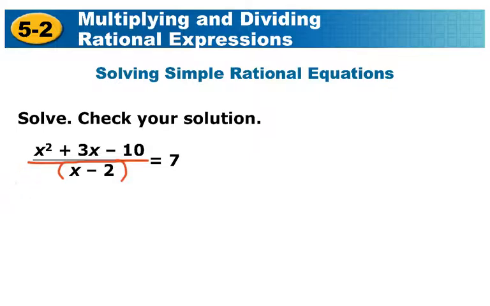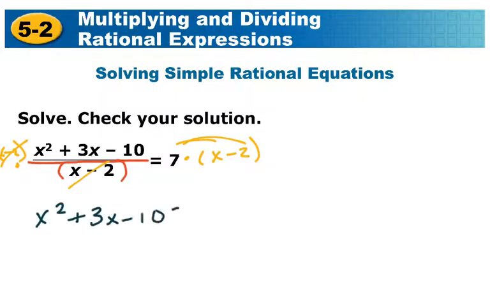It's a little easier if I can actually put it on the top, because then you can see that if I multiply by x minus 2, this x minus 2 and this one will cancel, and then this one will actually be able to be distributed. So officially on the left side, we're left with x squared plus 3x minus 10, and on the right side, we're left with 7x minus 14.